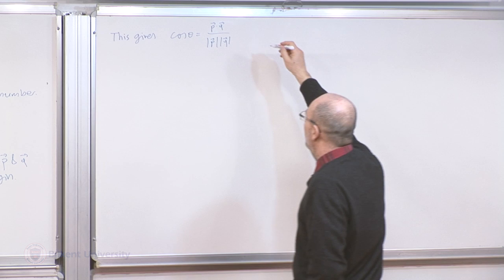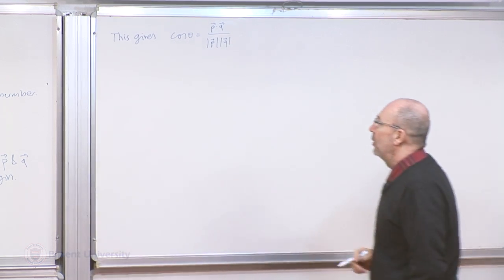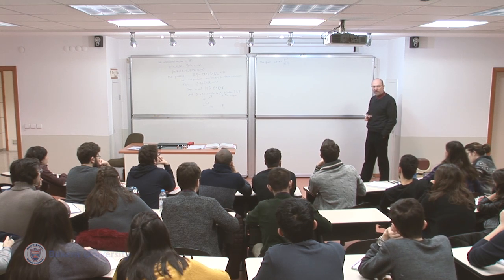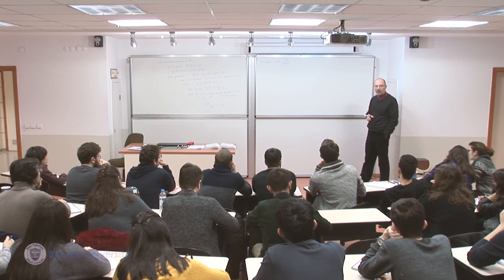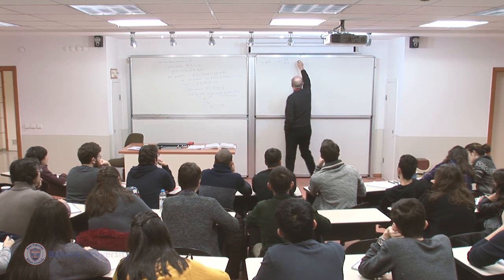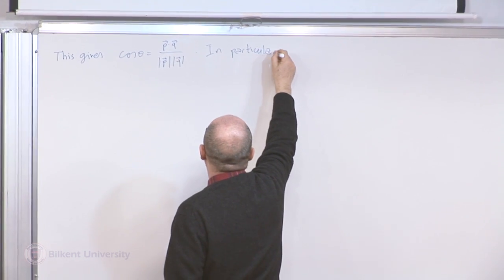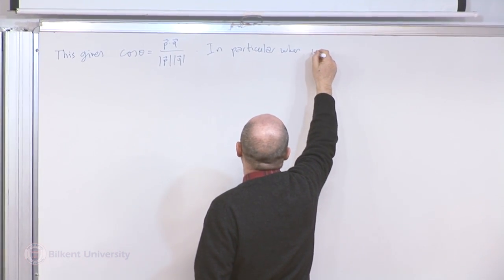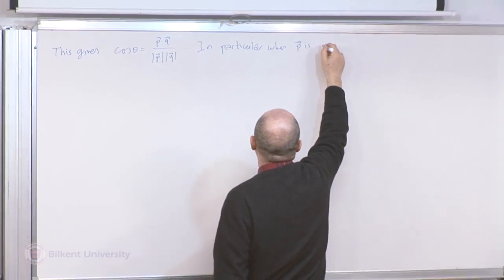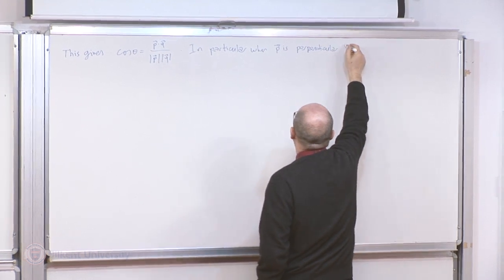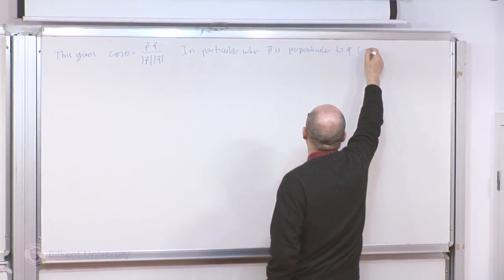In particular, we are interested in when theta is pi over 2, because in most cases that's what we will use. We will look at equations of planes, lines, etc., and these are easily determined when you know something perpendicular to that object. So in particular, when P is perpendicular to Q, we say orthogonal.